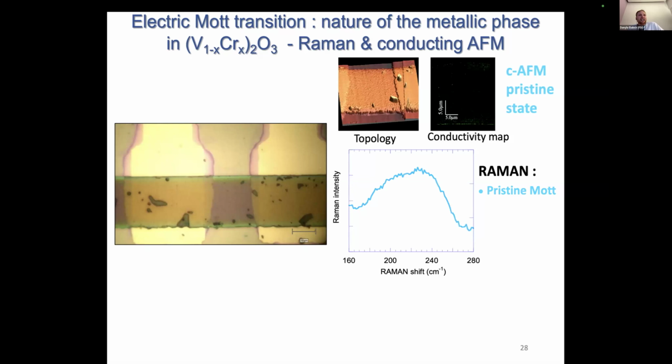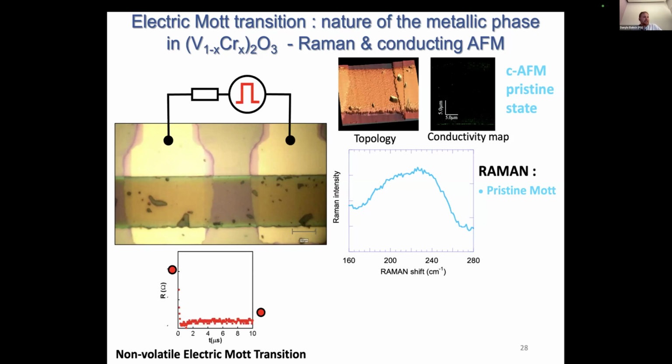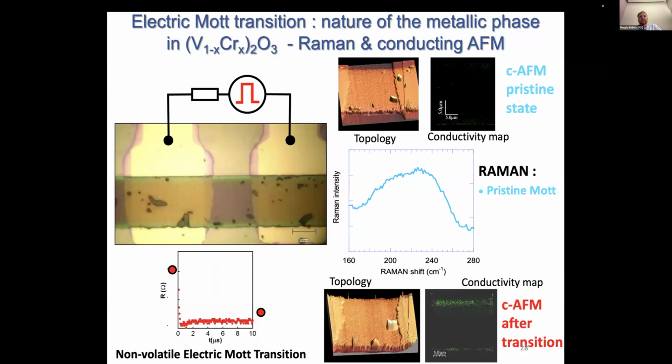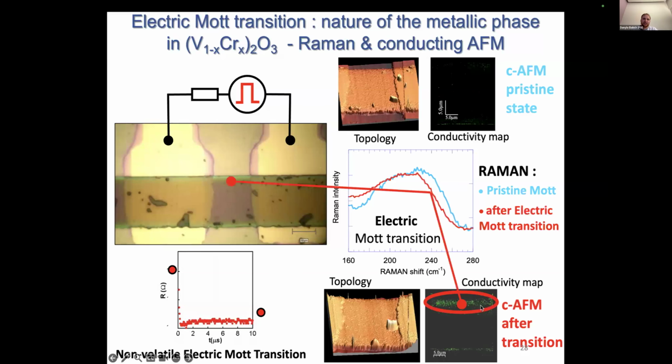Then we applied an electric field and switched the system to a low resistivity state. Now we have some kind of conductivity path created in the system.